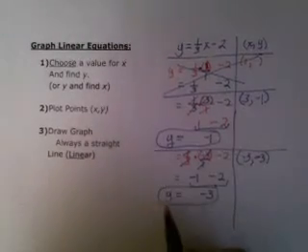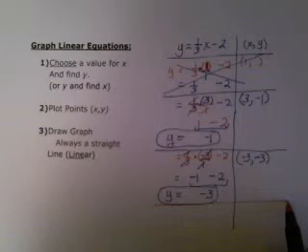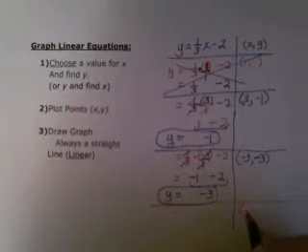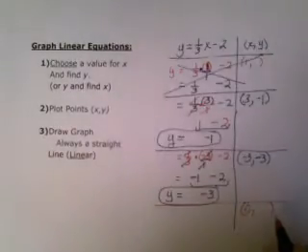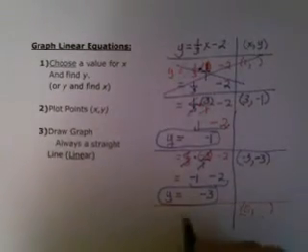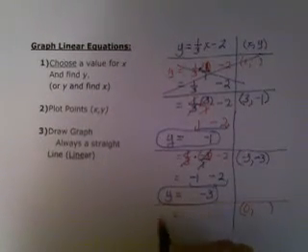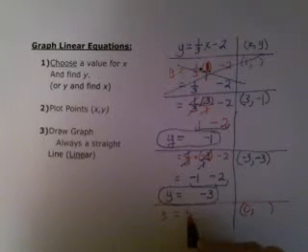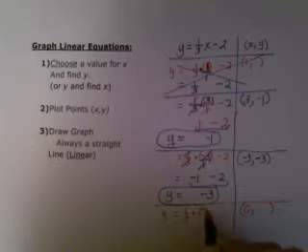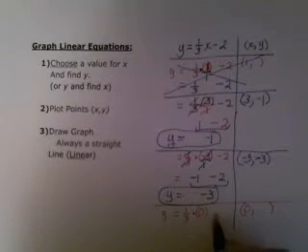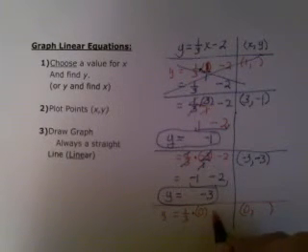And then I might think, what if I choose 0? So let's choose 0 for the x and find a y to go with it. So what I have here, y equals 1/3 times 0. There's my x. I'm plugging in 0 for that x. Minus 2.